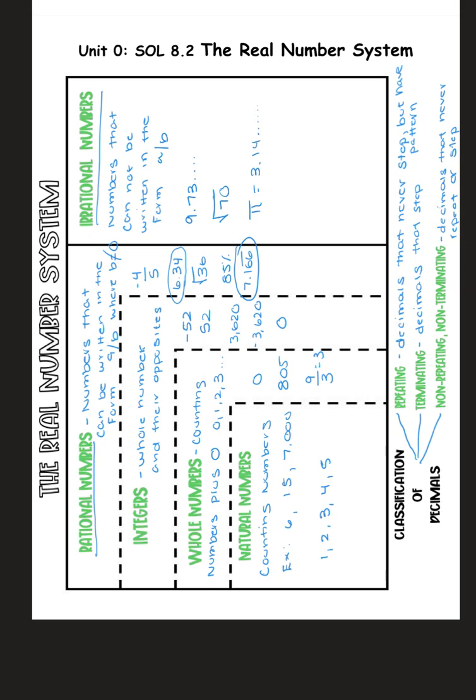Another example is the square root of 15. So again, terminating decimals and repeating decimals fall under rational numbers, whereas non-repeating and non-terminating decimals fall under irrational numbers.